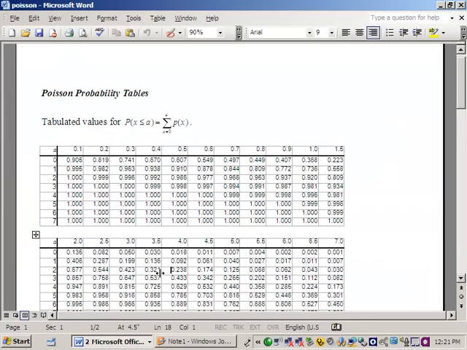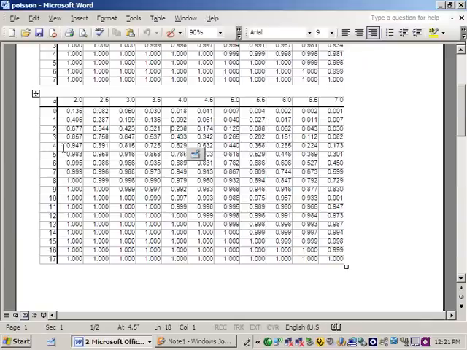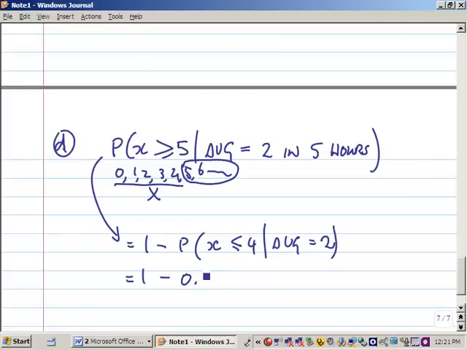Average of 2, less than or equal to 4 is here, and that's 0.947. The complement of that is 0.053. So it's just over a 5% probability of getting 5 or more in 5 hours. The average is 2 in 5 hours.